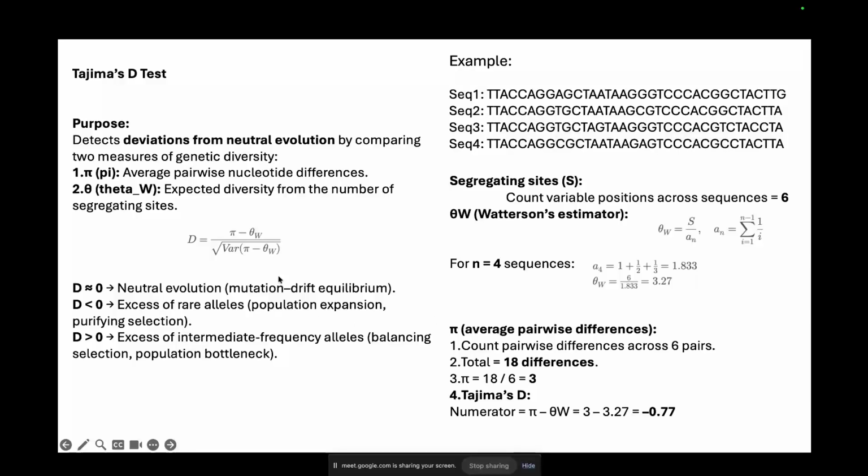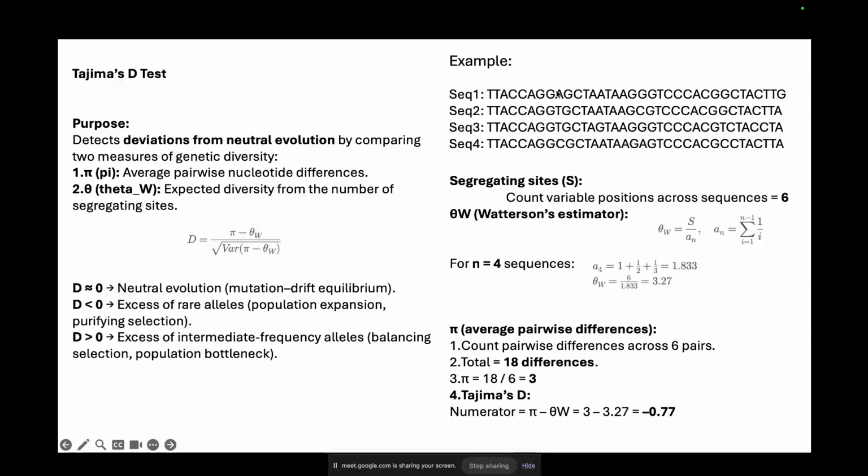So, how would you calculate Tajima's D? One example is given here. These are four sequences, and these are the four nucleotide sequences. You have to count the positions where there are variable sites, as in differences in nucleotides. I think across all these four sequences, there are six.